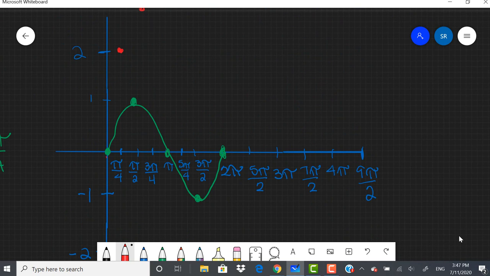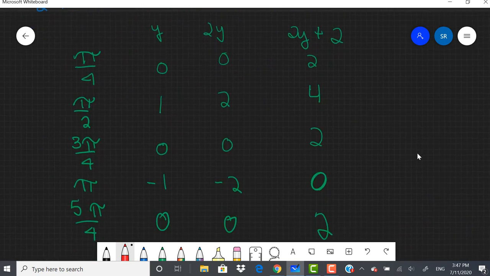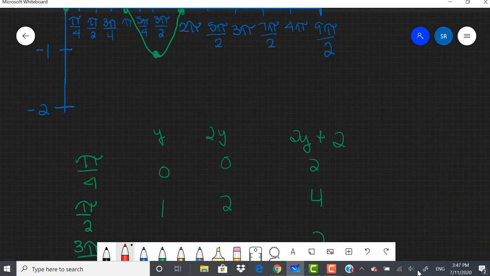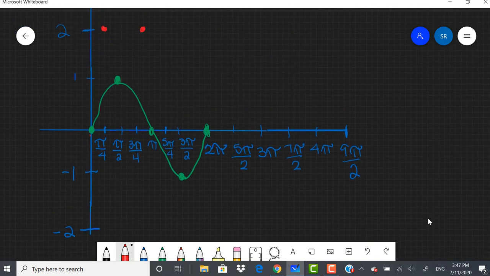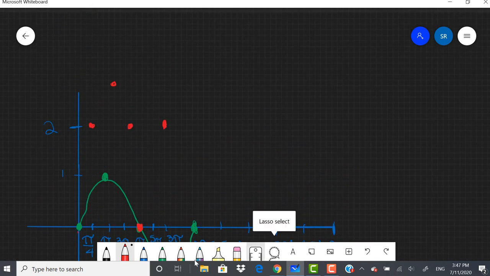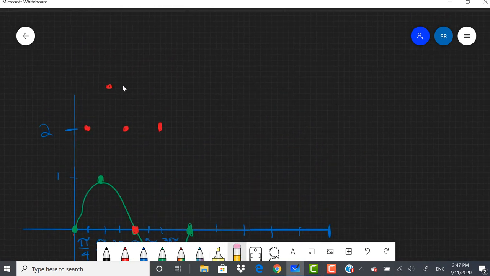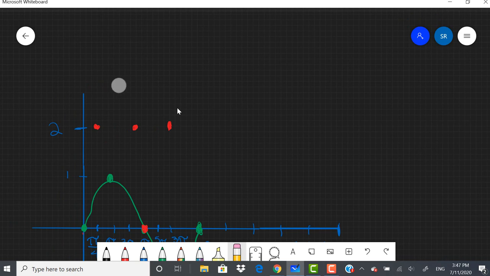So we're going to come back down. And then my pi is at 0. And then my 5 pi over 4 is back up here. I think I'm going to make my 4 a little bit higher than this. Make it more realistic. Yeah, that's much better, it's way up there.